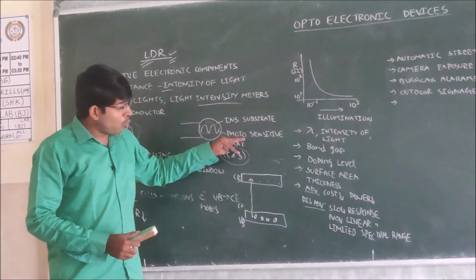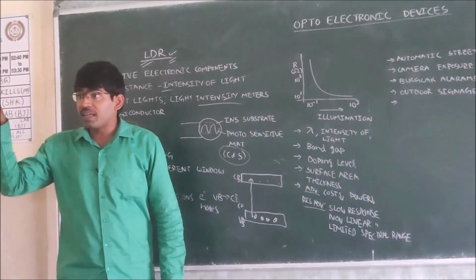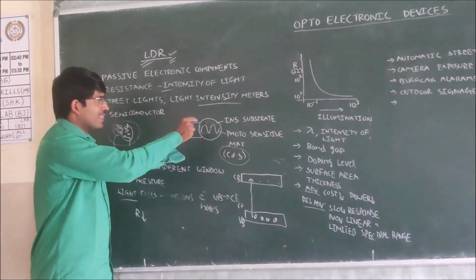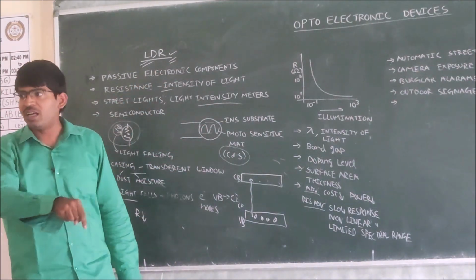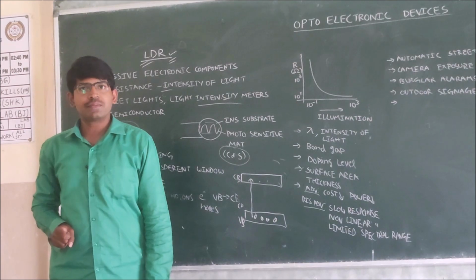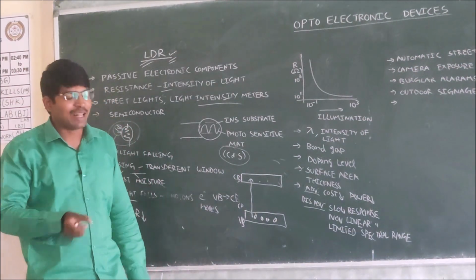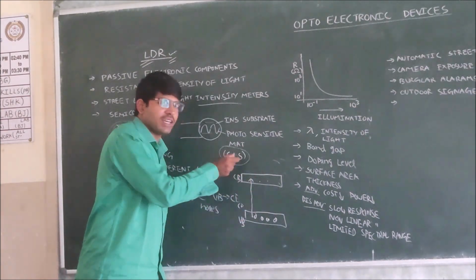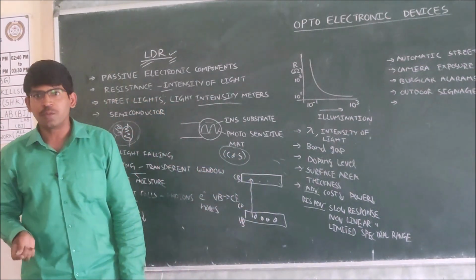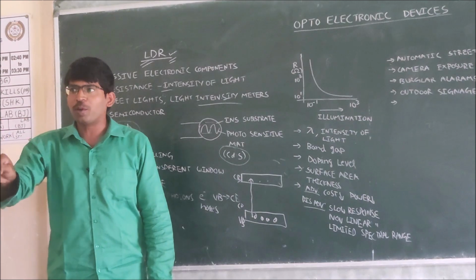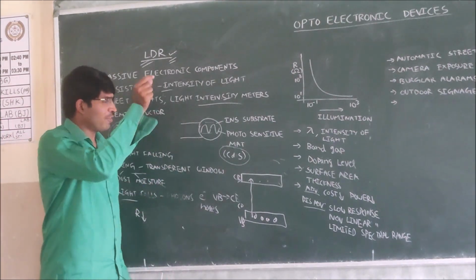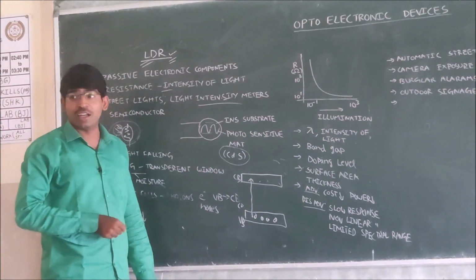If more free charge carriers are being observed, then the resistance of the LDR is decreasing. We observe more free charge carriers when more light falls on the LDR.